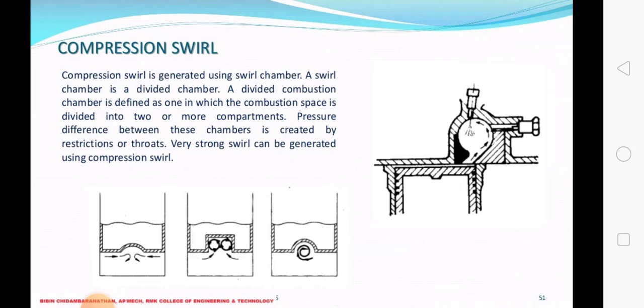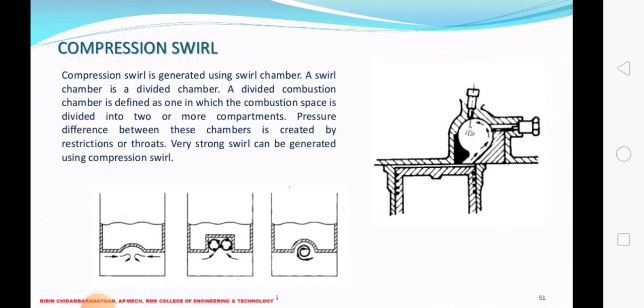A divided combustion chamber is defined as one in which the combustion space is divided into two or more compartments, between which there are restrictions, or throttles, small enough so that considerable pressure difference occurs between these two compartments. The pressure difference between these two compartments is created by the restriction. Here very strong swirl can be generated by using compression swirl.